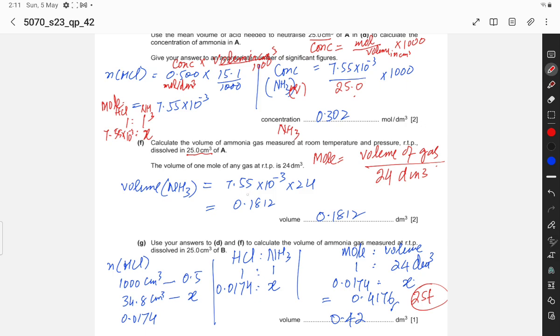So we can calculate the volume of gas by mole × 24. So 7.55 × 10^-3 is the mole of ammonia, × 24, is equal to 0.1812. So this is the volume of ammonia gas.